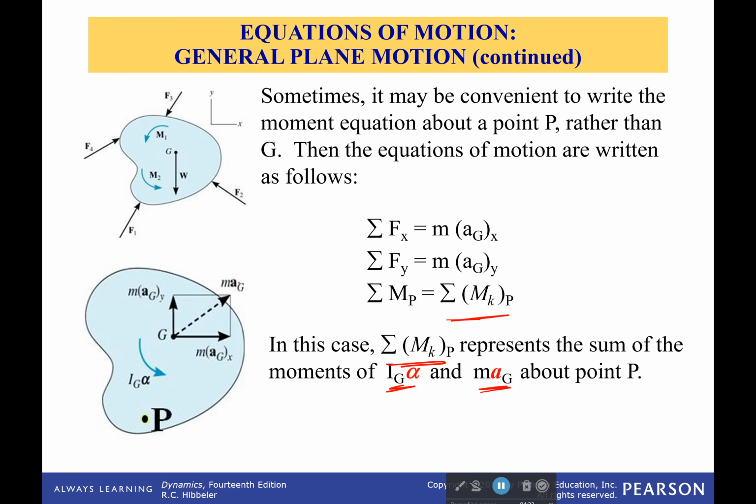Because if you think about it, before, this force right here is acting through the centroid, so it doesn't cause a moment about that point. However, it would cause a moment around point B. This term stays the same. This term is now a new one that you will begin to see there.